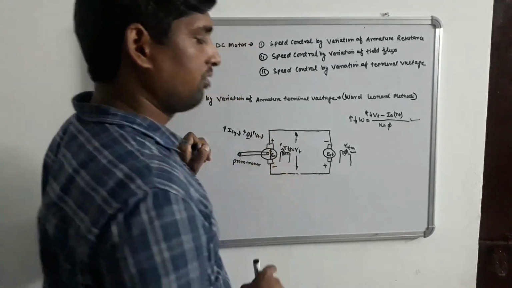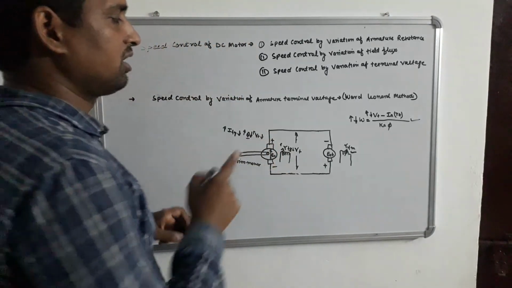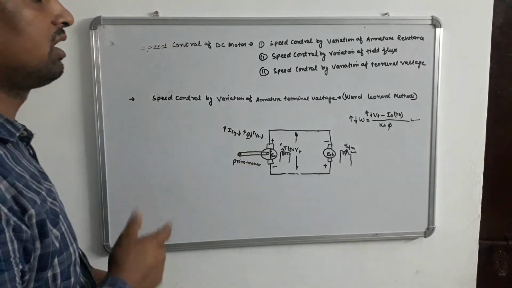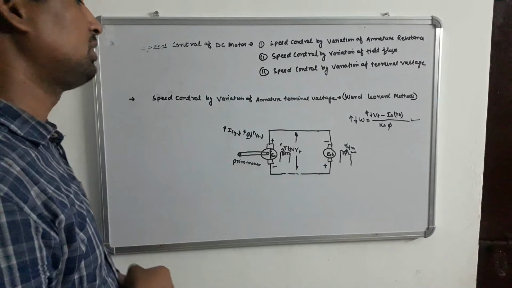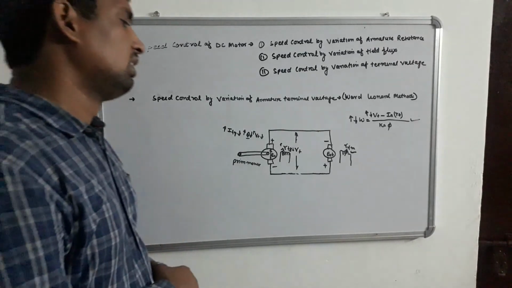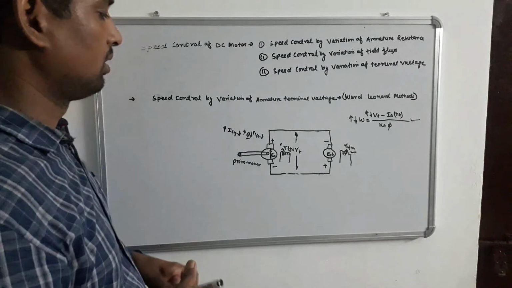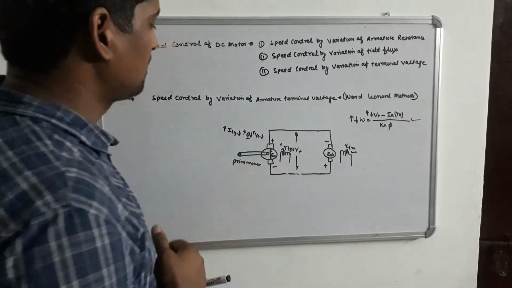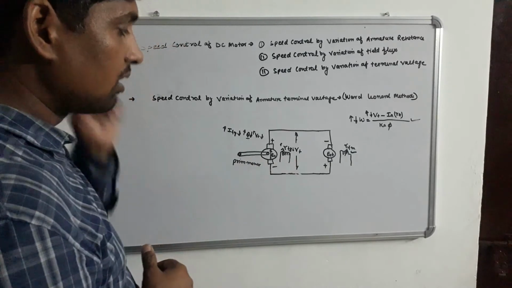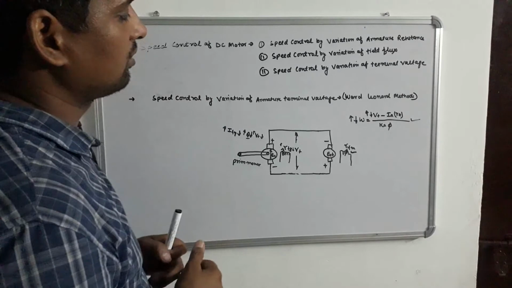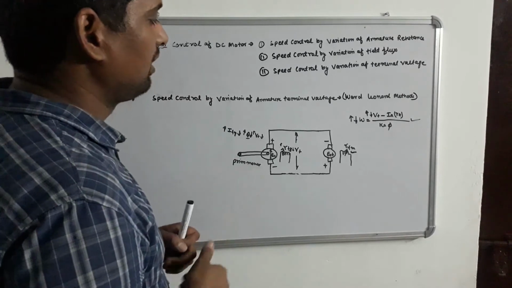Through this concept, we are controlling the terminal voltage, and with the help of controlling the terminal voltage, we also control the speed of the separately excited DC motor. This controlling is only possible up to the rated speed.